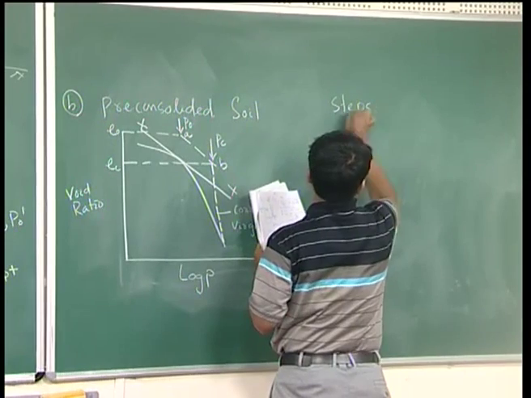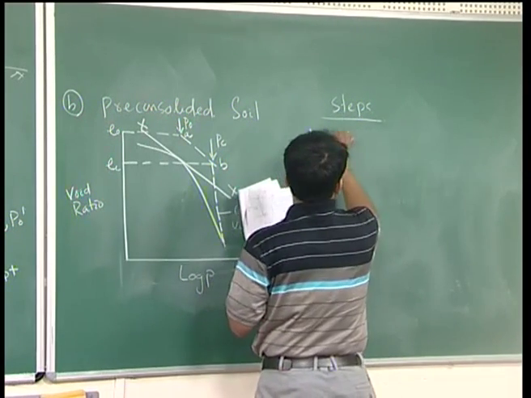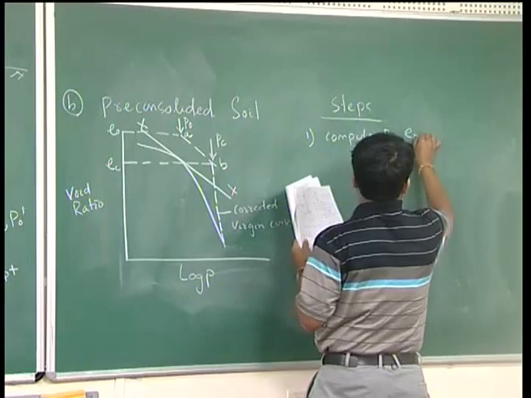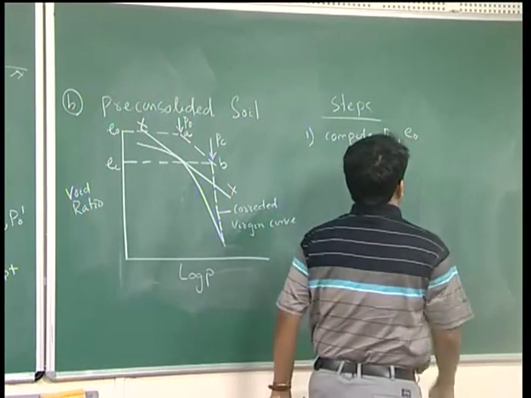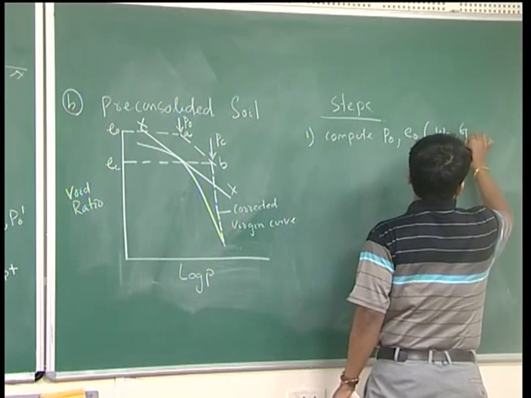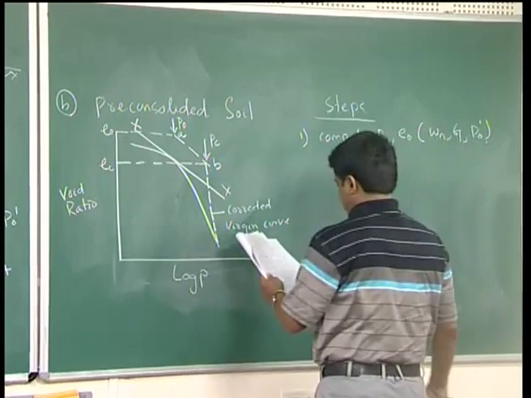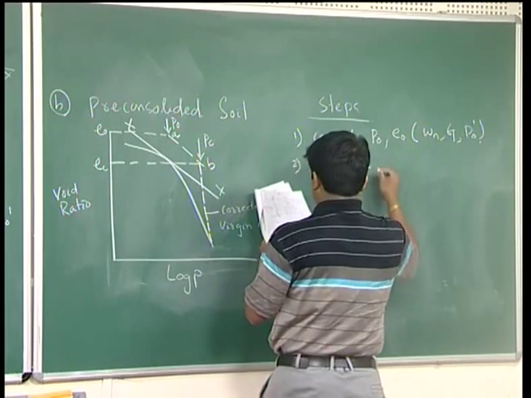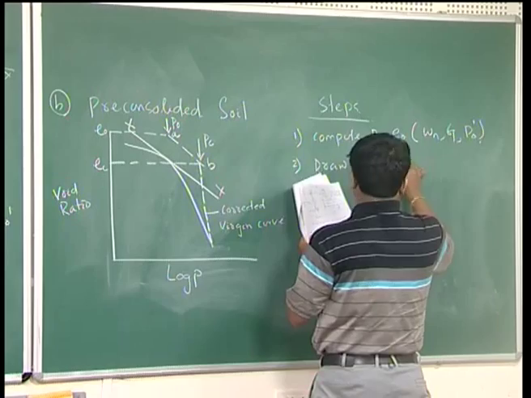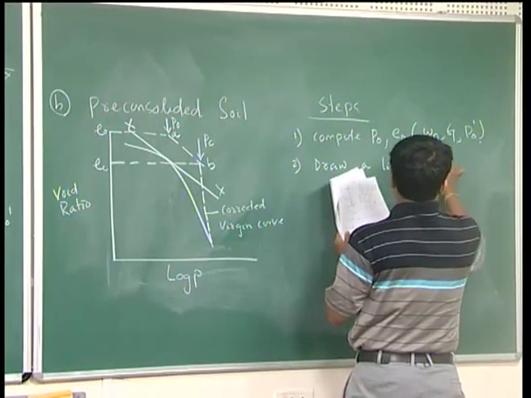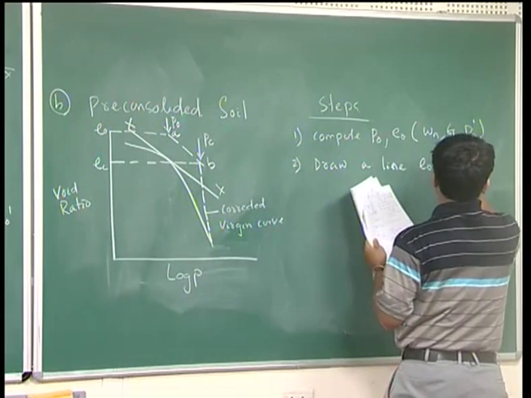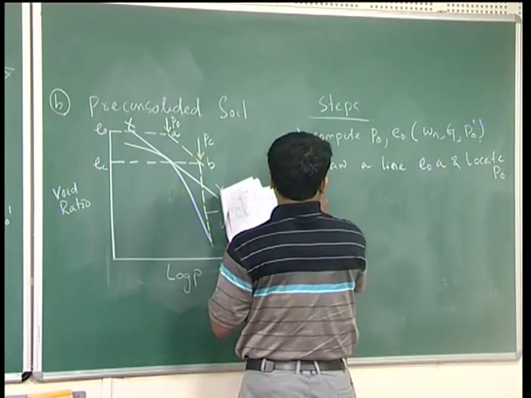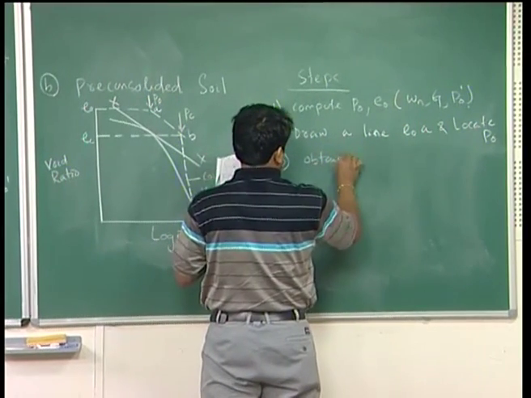Steps. Compute P0 and E0. P0 by means of the Casagrande method, E0 from natural moisture content, G, and from overburden pressure. Draw a line, locate P0 and PC.